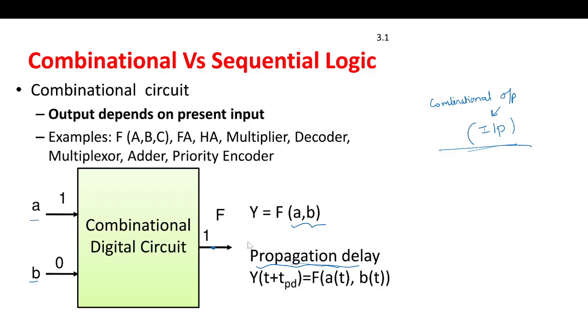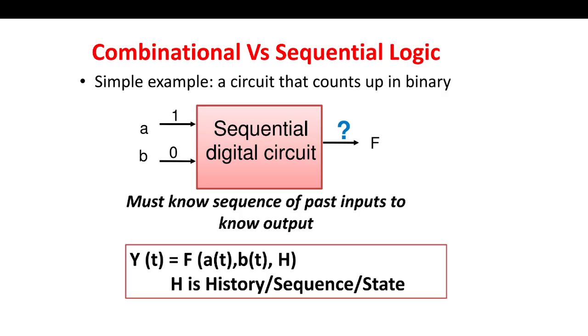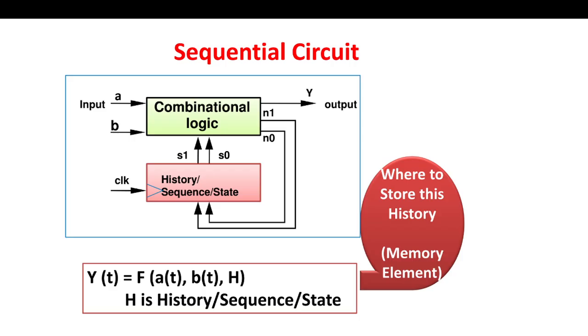Whereas if we go for sequential elements, the output not only depends on the input but also depends on the past state. So we have the H, which is the history or the sequence or the state, like the past state. So there is a feedback between the output, sequence, and the combinational logic.